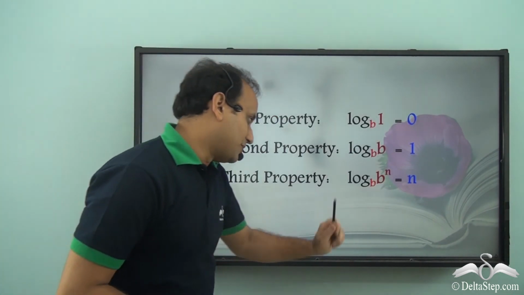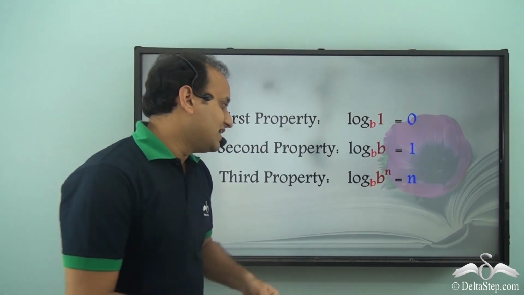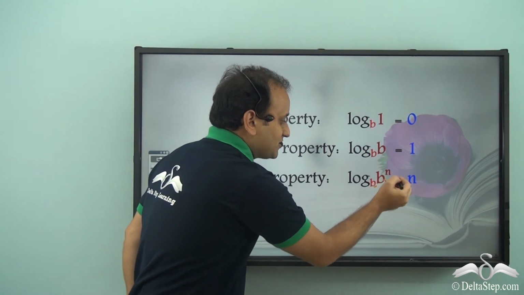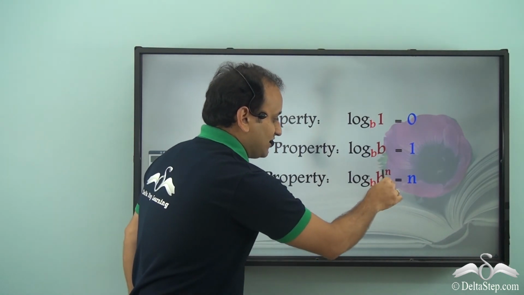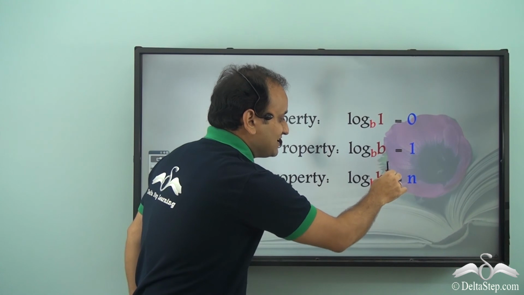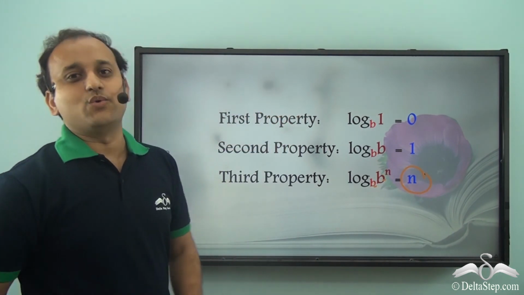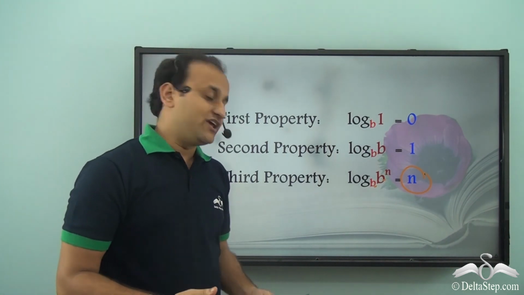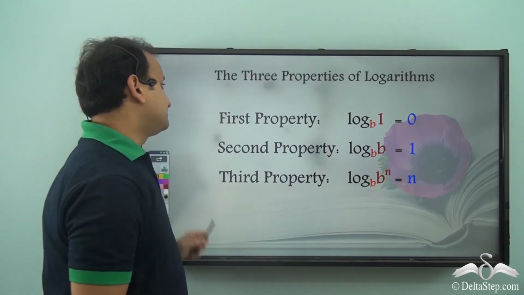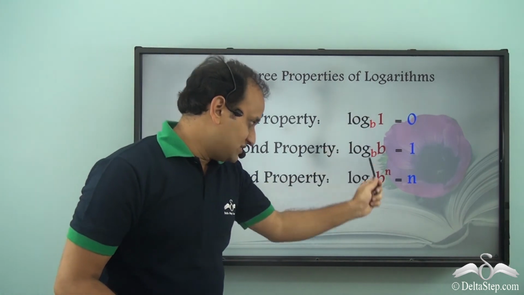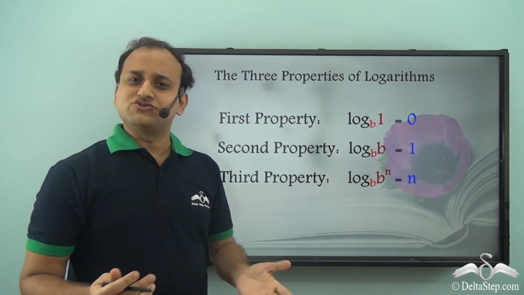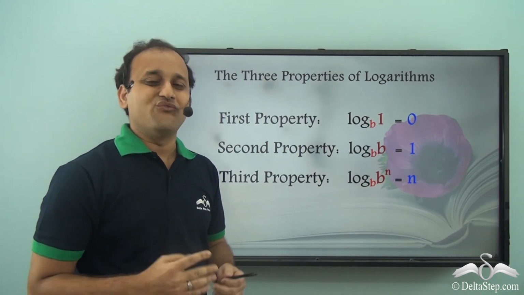That's the third property. The third property states that if the base and the argument are the same, then whatever power the argument is raised to, that is the answer of such a logarithmic equation. And these are the three properties of logarithm. If you know these three properties of logarithm, you can solve many complex questions very easily.